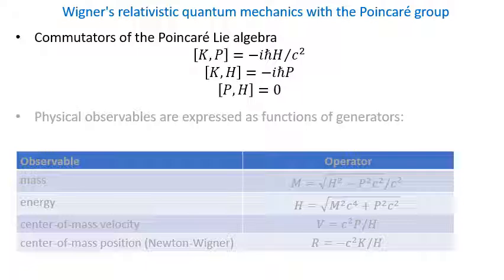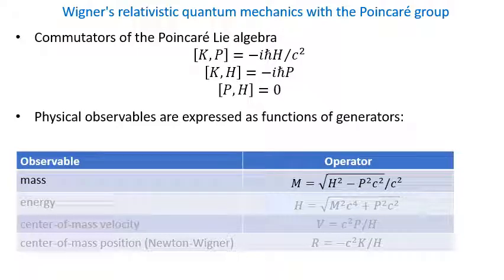The most important relationships of Wigner theory are commutators of the generators, shown here. In addition to the three generators, we'll have the observables of mass, velocity, and position. Here is a definition of the mass operator. It can be used to obtain a very convenient square root formula for the Hamiltonian.